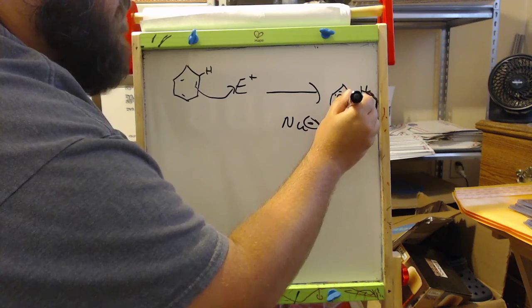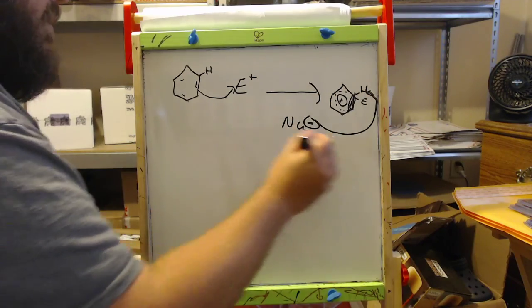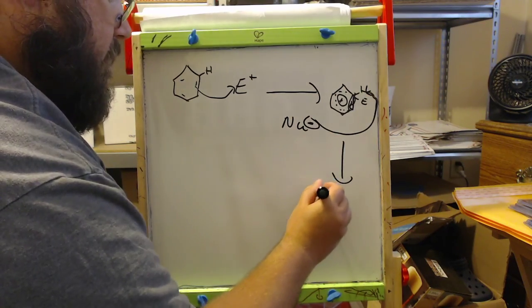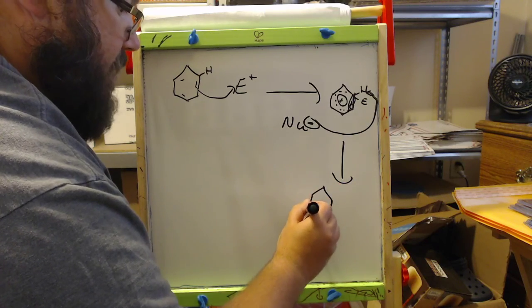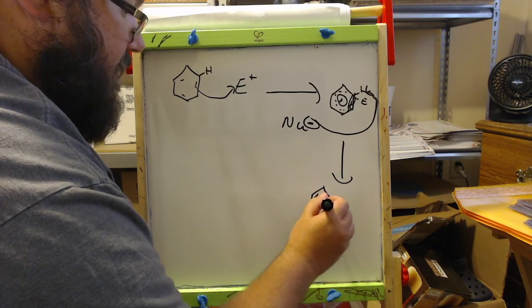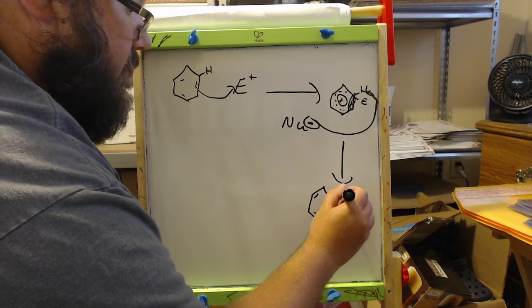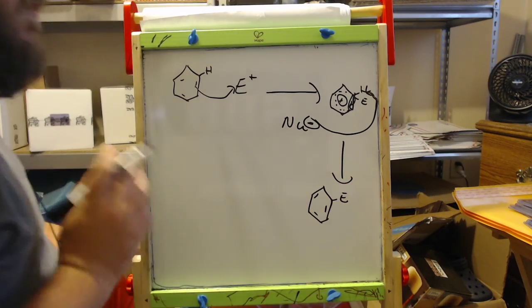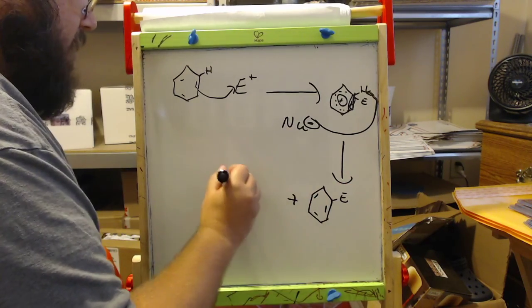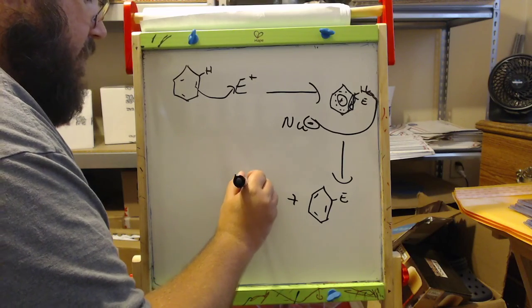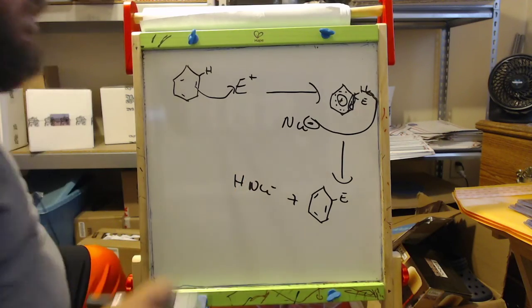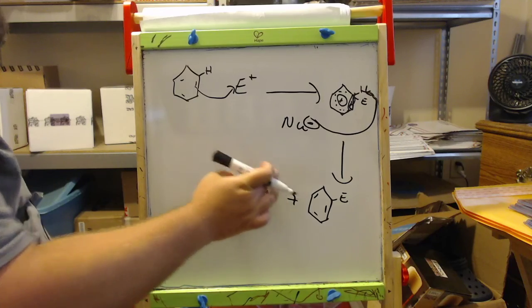These electrons come back in, and the ring is re-established with aromaticity, but now the substituted electrophile sits on the ring. Now, if you want completeness, over here somewhere, there's the hydrogen with the nucleophile, no longer with a charge.